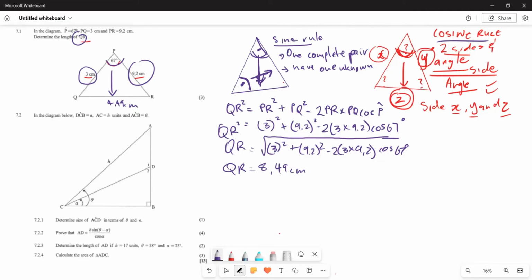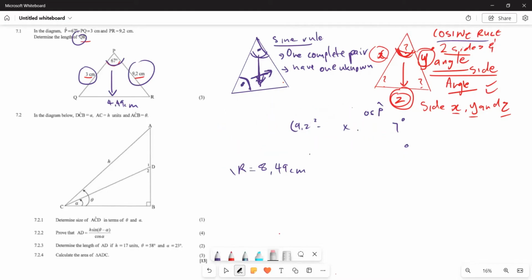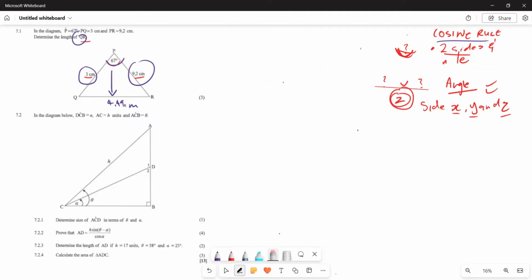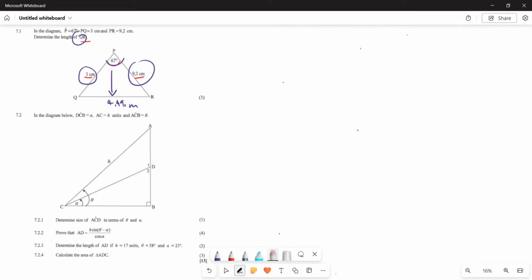Now let's try and make up some space and see what it is that we can do in our 7.2, so that we write our 7.2 nicely here. Now, what is our 7.2 requiring us to do? Now, look, 7.2, they are saying you are given that you are having this, which is your DCB, and what is your DCB?